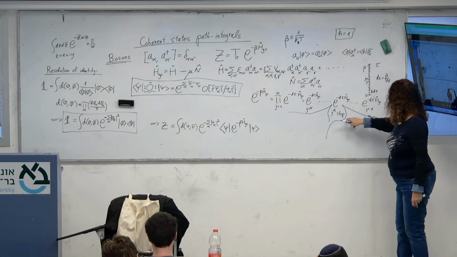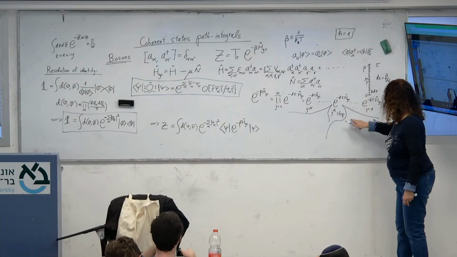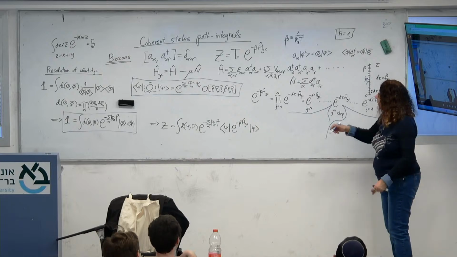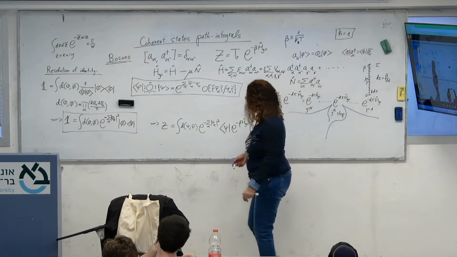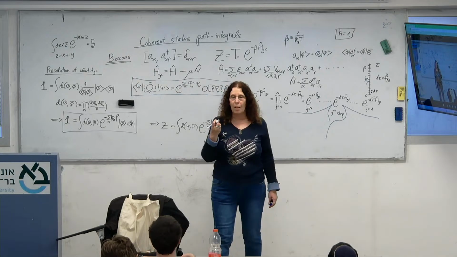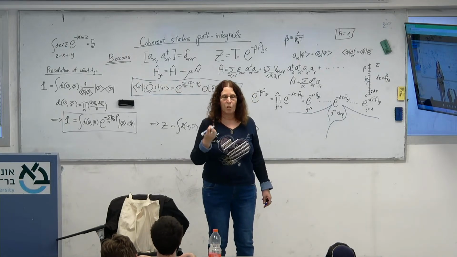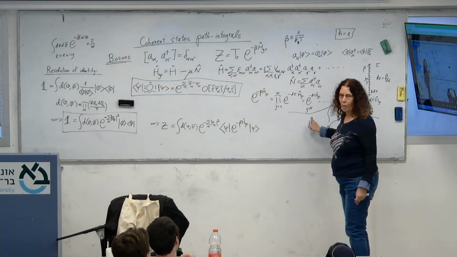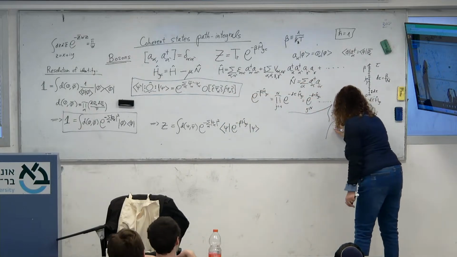Then here I will introduce a resolution of identity in terms of a coherent state that I label as psi j, and here with psi j plus 1. Let me write it down explicitly.